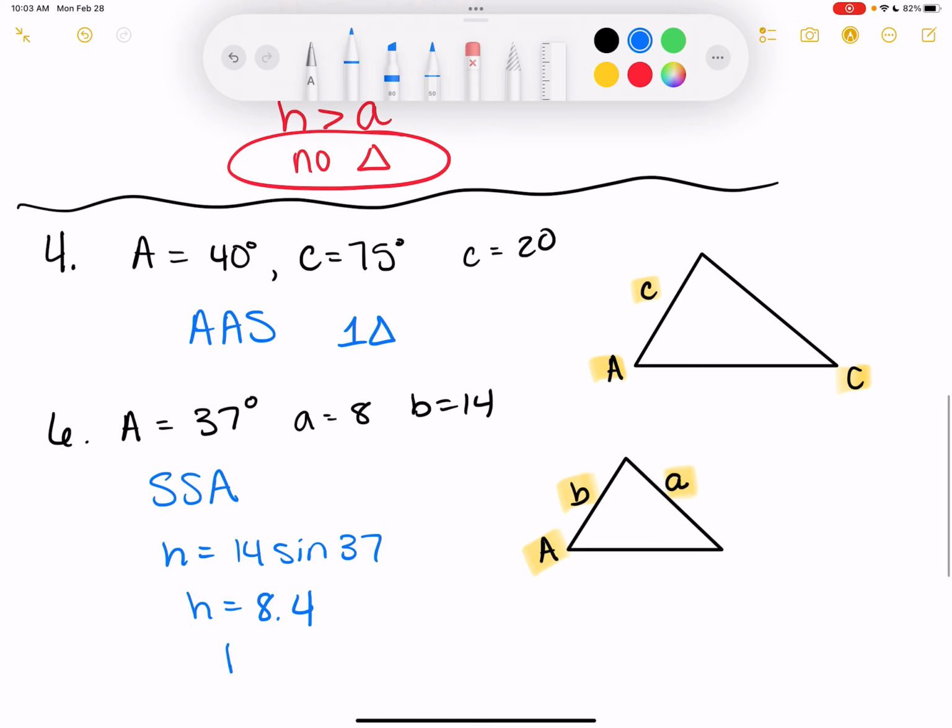That's why we need the decimal. If we just rounded it to a whole number, we'd say it's equal, but it's not. So how many triangles? None. No triangle. The answer is no.